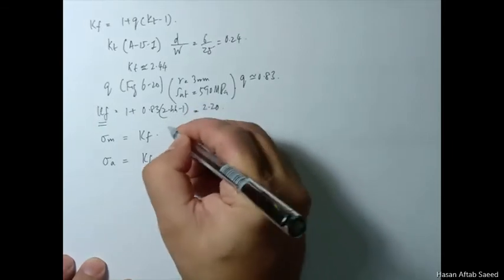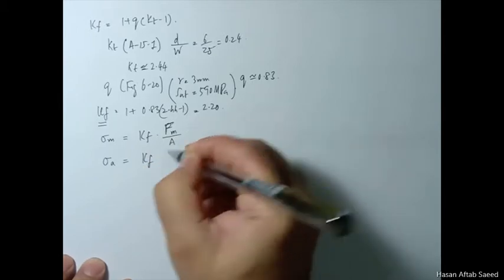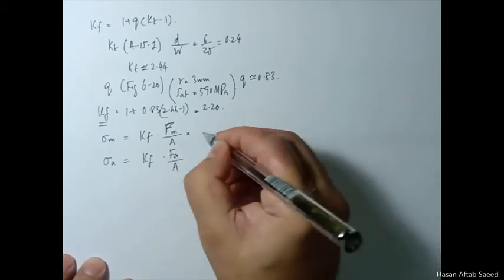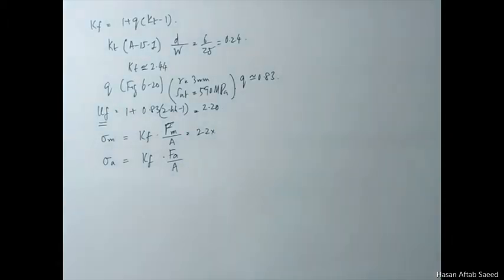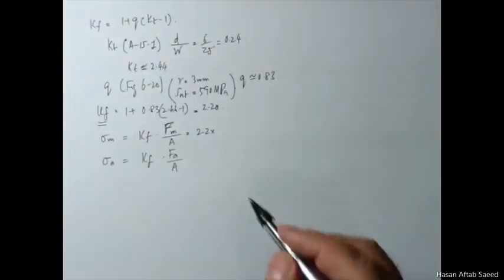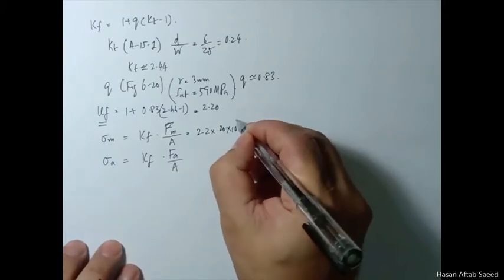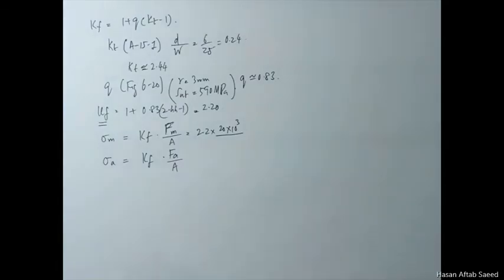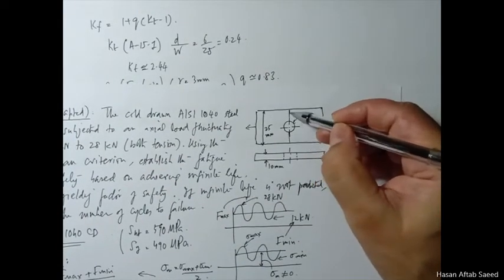This is Fm over A, and this is Fa over A, the axial problem. Putting the values, 2.2 into Fm, which was 20, and Fa was 8. 20 times 10 raised to power 3 because it's in kilonewtons, and the area is simply the cross-sectional area.